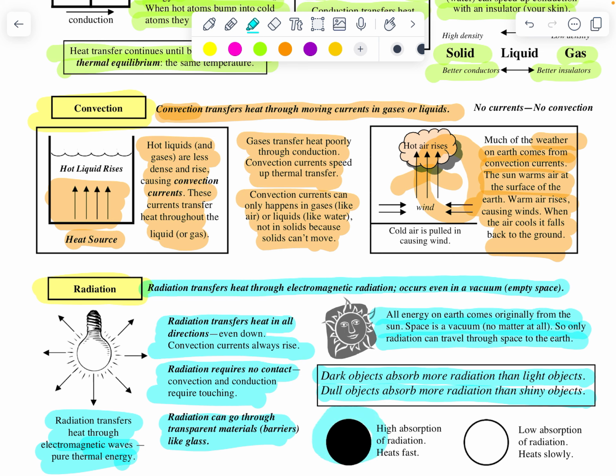So a dark object has high absorption of radiation. It heats up fast. What heats up faster on a hot summer day, a dark colored car or a white or silver car? The dark colored car. White or light colors or shiny have low absorption. They heat up more slowly.